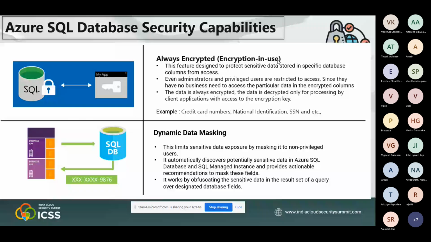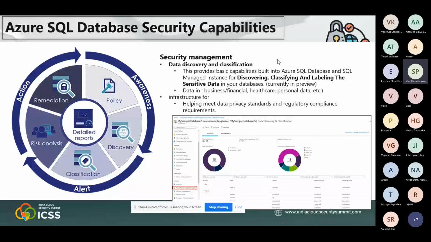And one more major capability here, from the security management perspective. Azure is providing the data discovery and classification capability, and it's in preview at present. Here also we can see it for SQL Database and Managed Instance to identify sensitive data.